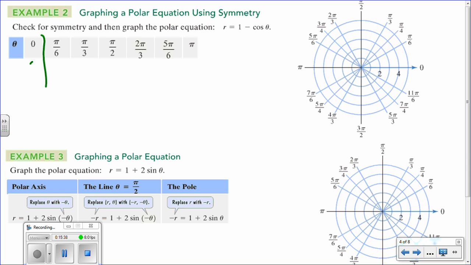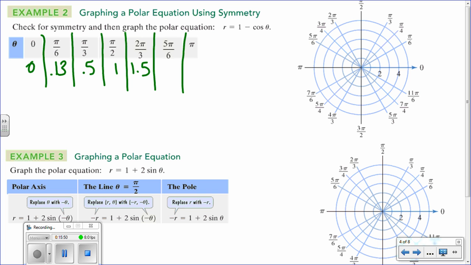So we're going to have 0, 0.13, 0.5, 1, 1.5, 1.87, and 2. So I need you to graph those points.